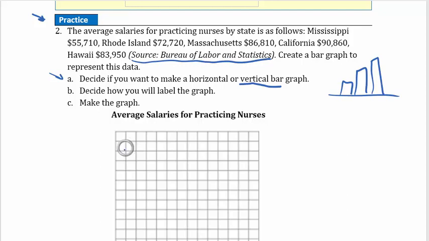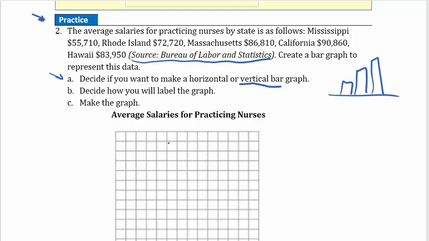Notice I've given you some tick marks down here on the graph, but we have to decide how we're going to label those. In this case, the hard thing to decide, or the thing that's most important to decide, is how much money each of these will represent. You know, we want each of these movements to represent the same amount of money. So that way when we make our bar graph, it will be honest and accurate. So you want to figure out how much you want each of these to be in terms of the money.